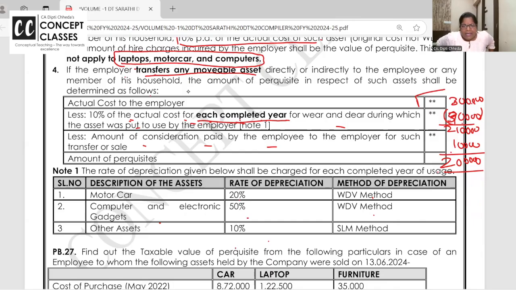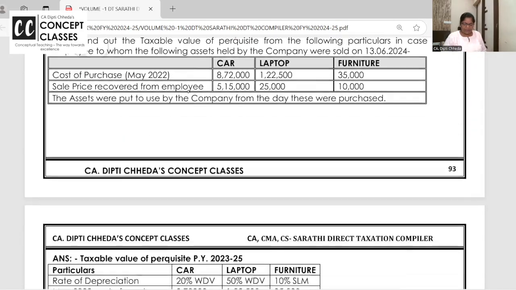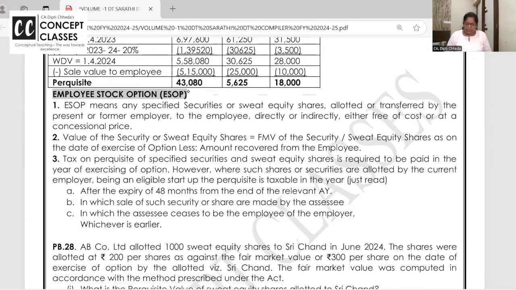These are not the rates of depreciation as per block of asset method. These are the rates only for the salary chapter. I know they should have made it as per block of asset, but now it is fine. Motor car 20% WDV, computer 50% WDV, other assets 10% SLM. Okay? And then you can work it out.